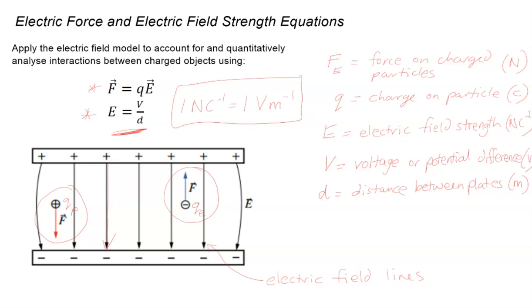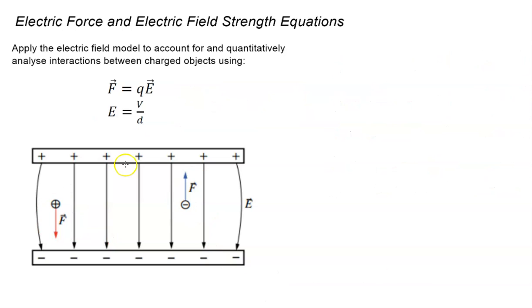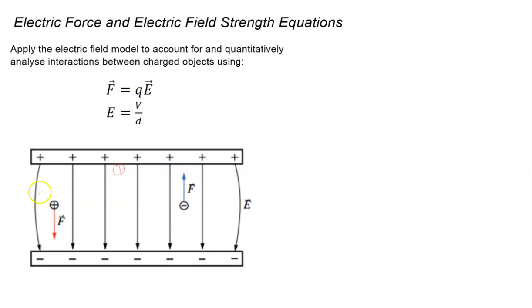So let's now work through a sample problem. Let's place a proton here and say that we have a distance between the plates of 5 centimeters and a voltage across the plates of, say, 200 volts.